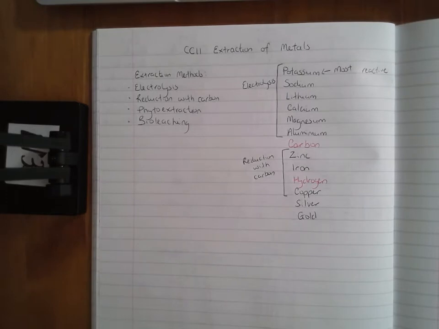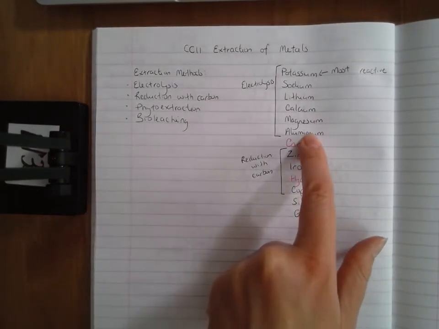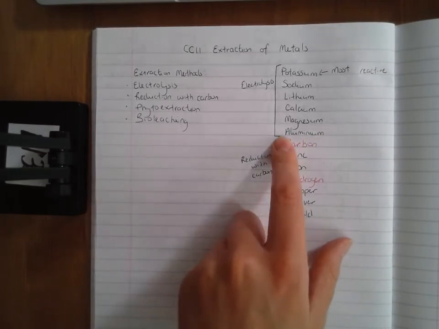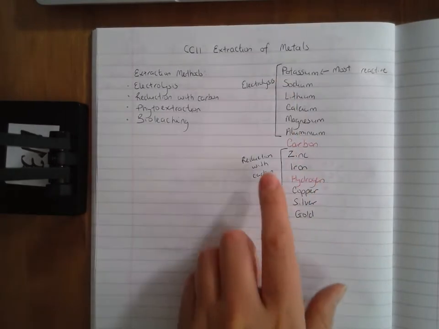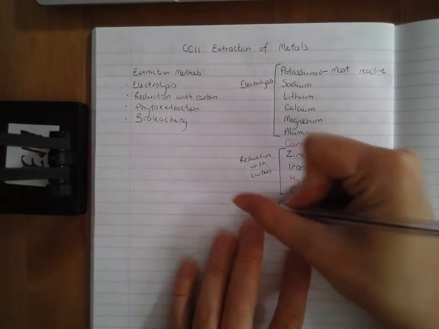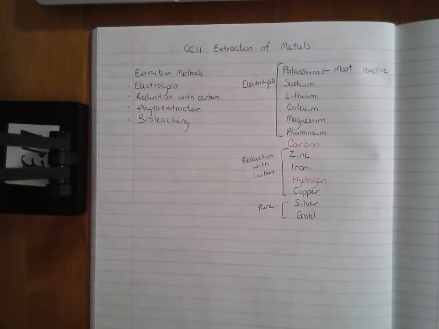You don't need to learn the whole reactivity series, but you do need to know where carbon sits. It's below aluminium and it's above zinc, and you need to know that so you can predict whether you're going to be using electrolysis or reduction with carbon. Silver and gold down at the end typically don't need to be extracted because they're unreactive. You can find them as pure metals.